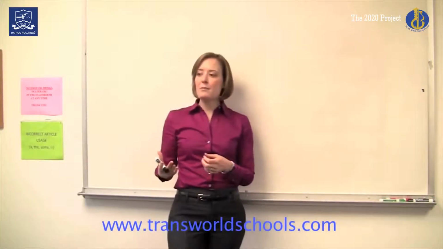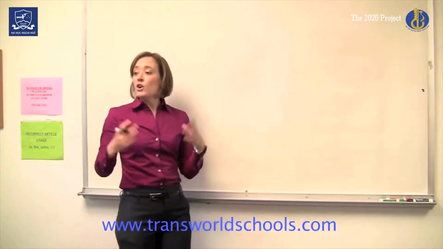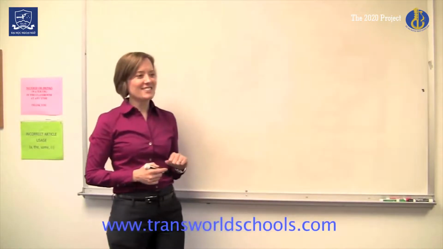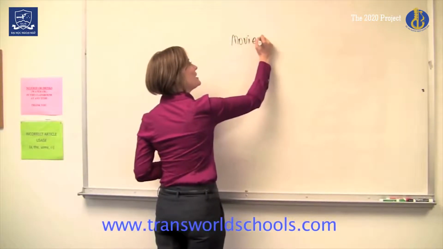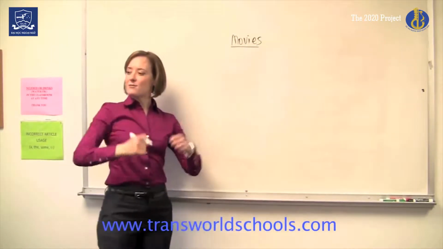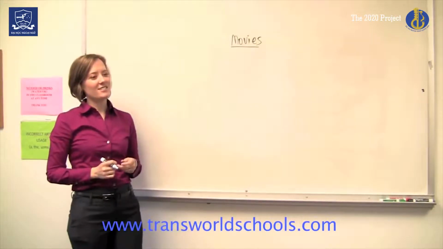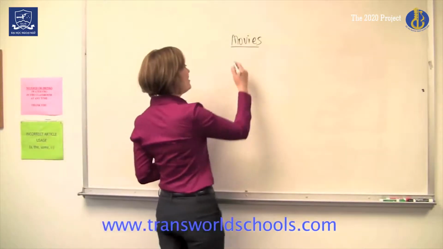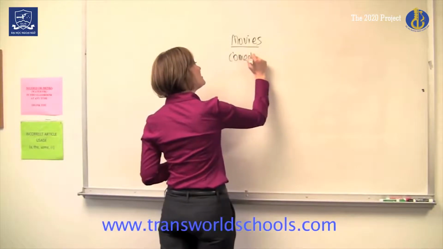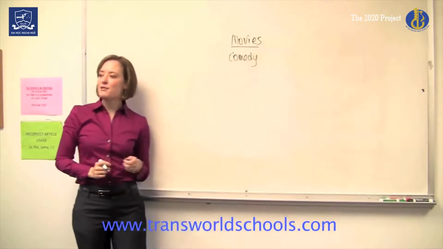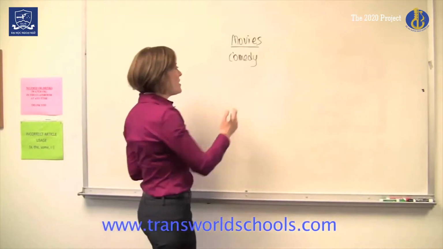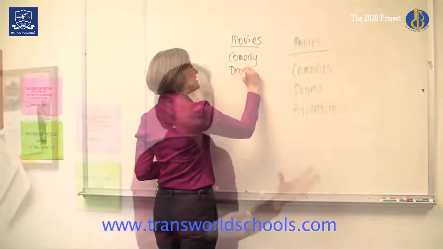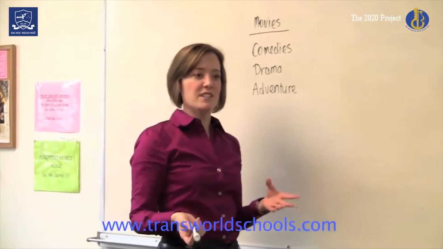Listening. For example, let's start with this. Who likes movies in here? Yeah, you do? Okay, great. Sounds like a few people like movies. So what kinds of movies do people like? Comedy? Comedy, all right. Good. What are some other types of movies? Drama. Drama, fantastic. Great. So what are some other kinds of movies that people like?